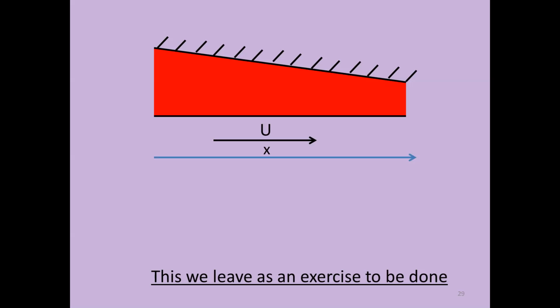Kindly notice that the two surfaces are converging when we move from the left towards the right. By converging, I mean that the gap between the two surfaces is decreasing as we move along the direction of the sliding velocity.